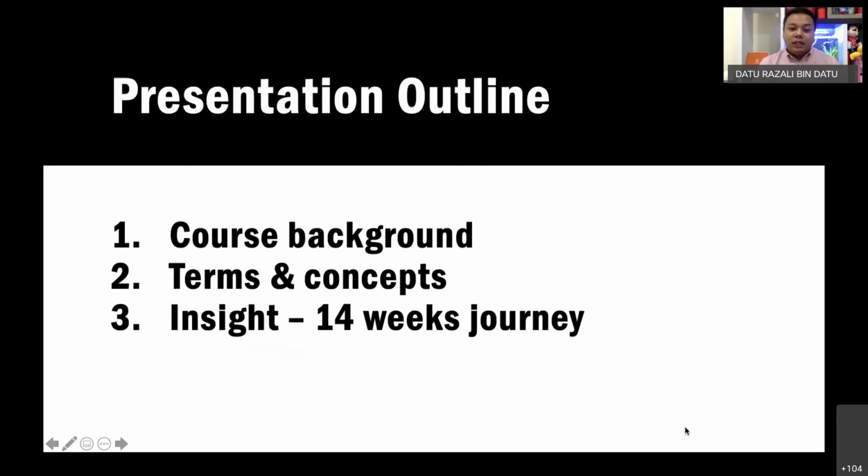What are the key terms and concepts that I figured out when I was about to teach that subject in that semester, and some insights of my 14 weeks journey designing the content of the Smart 3 UMS. Do note that throughout my teaching years at Universiti Malaysia Sabah, I've never copied or duplicated my Smart 3 UMS, even within the same subject.